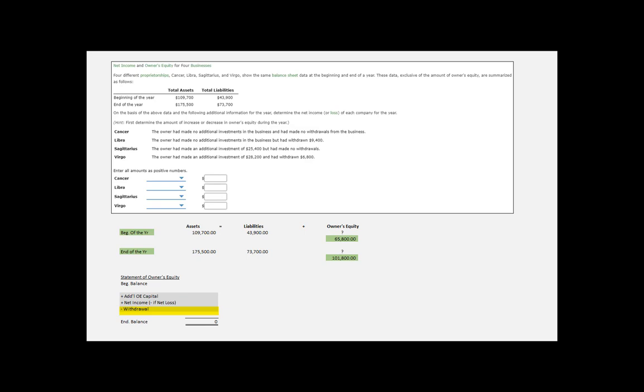We see that these 3 components, capital, net income or net loss, and withdrawal, are combined to result in a change in owner's equity, which could be a decrease or an increase. And this increase or decrease resulted from the current period activity.